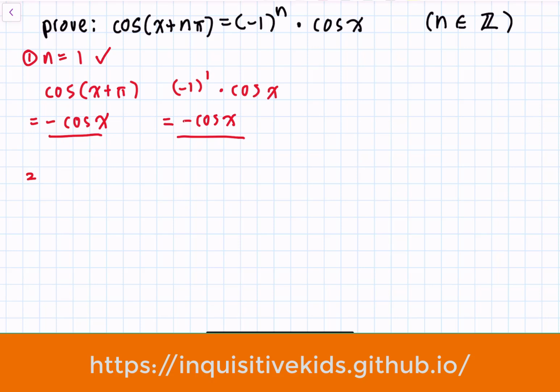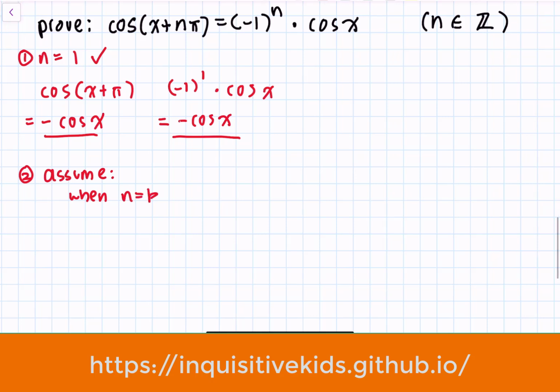Our second step is to assume that when n is equal to k, the formula cosine of x plus k pi is equal to negative 1 to the kth power times cosine x is true.